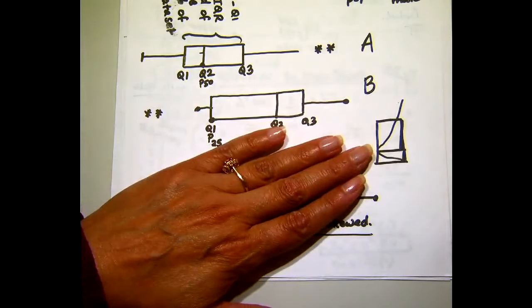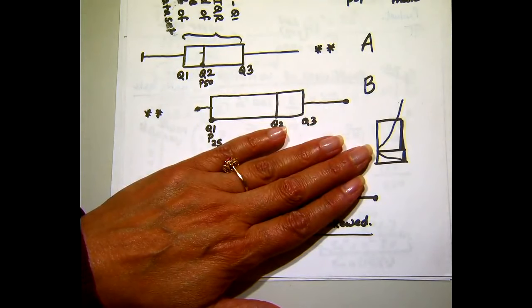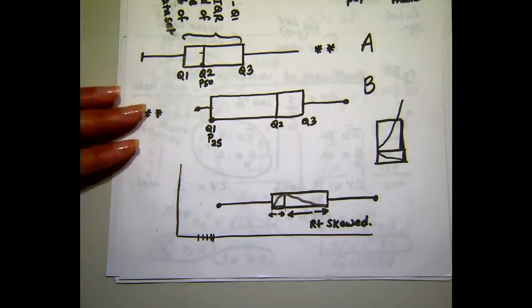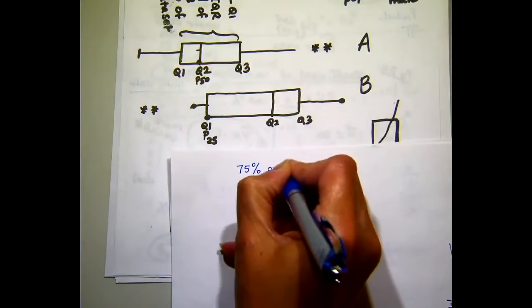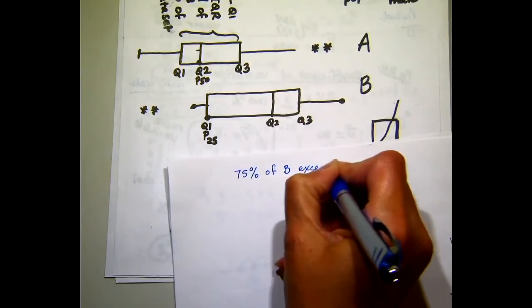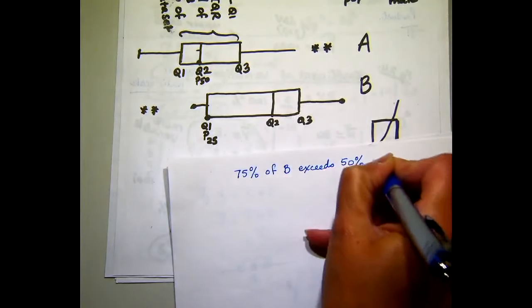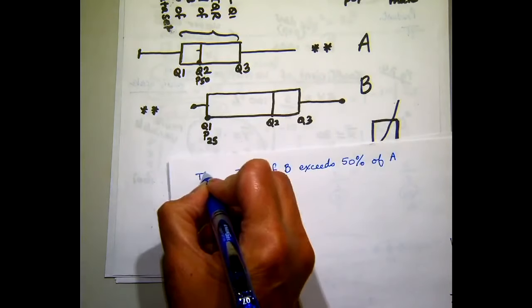Okay, here's a question that people get wrong on the test. It's a true or false question, if I remember correctly. 75% of B exceeds 50% of A. True or false?